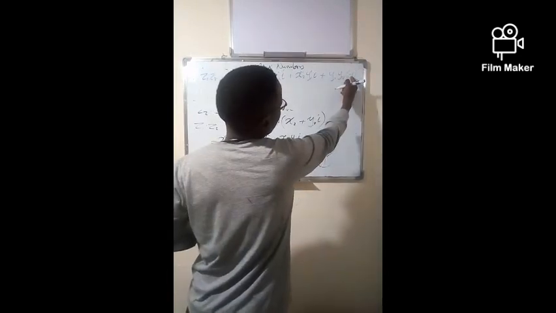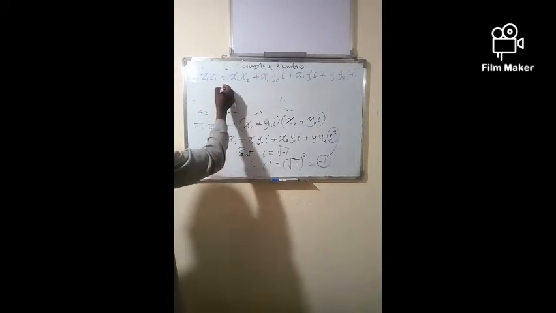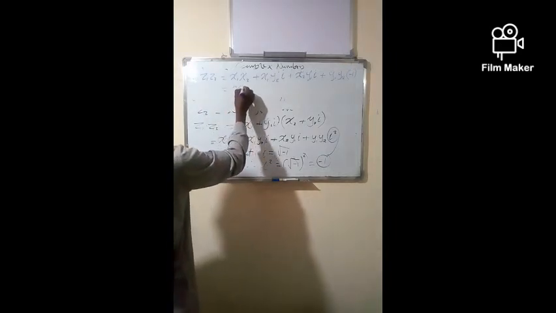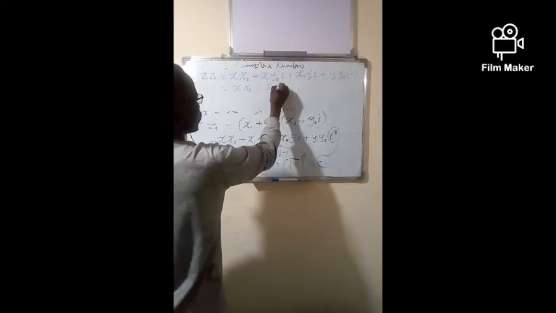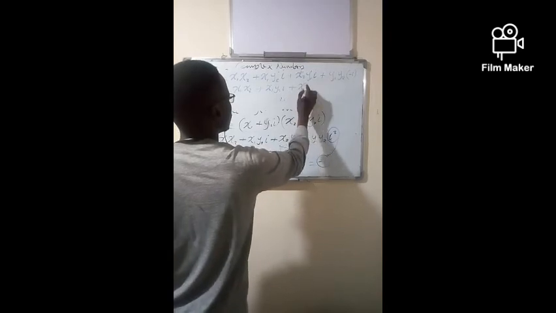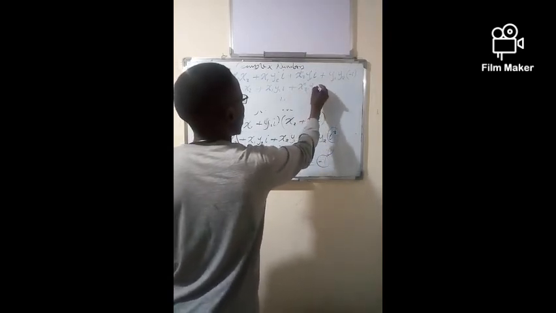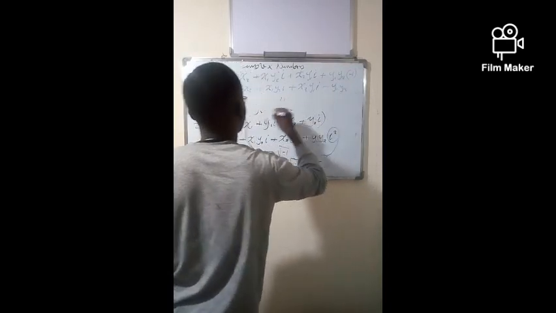Now you can see that the negative there and the positive can multiply so that we have a minus there. So this is going to be x1x2 plus x1y2I plus x2y1I minus y1y2.